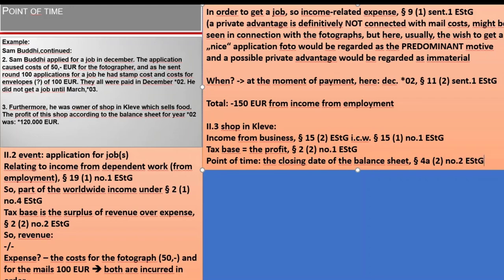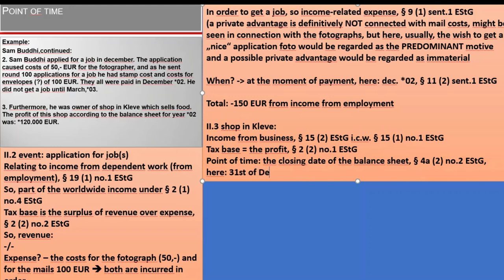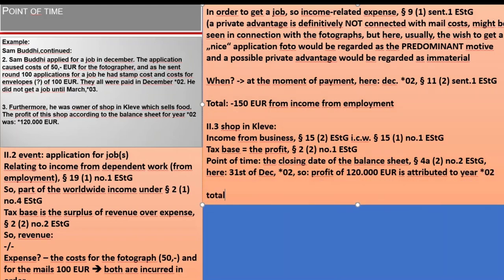If there is an accounting year, the date of the closing date is the date when the profit is received. That is here the 31st of December 02. So profit of 100,000 euro is attributed to year 2. Total of this is plus 120,000 euro.